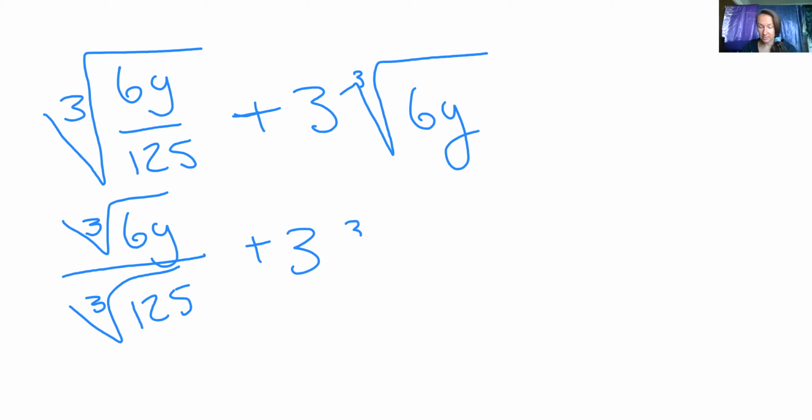Plus 3 times the cube root of 6y. Now this cube root of 125 simplifies to just 5. That's because 125 can also be written as 5 to the third. Now we've got 3 factors of 5 inside a cube root. So we just want to take a third of those factors essentially. So this whole thing simplifies just to 5. So let's rewrite that as just 5.